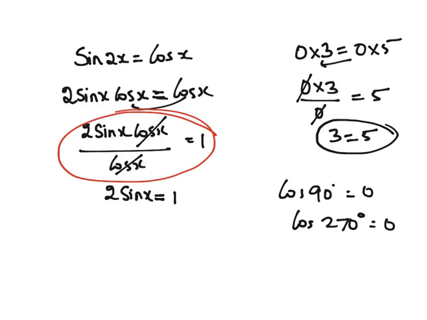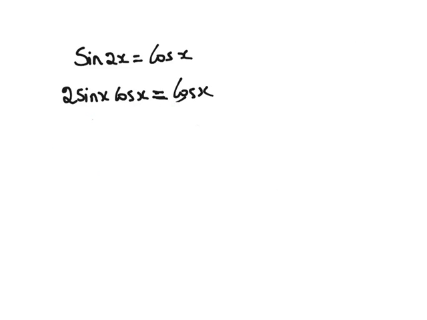So you might wonder, then how do we do it, sir? If we can't cancel cos x, because cos x can take the value of 0, how do we solve this then? This is how you do it. What you do is you bring cos x to the left hand side. You write 2 sin x cos x minus cos x equal to 0. Then you factorize, you take cos x common.